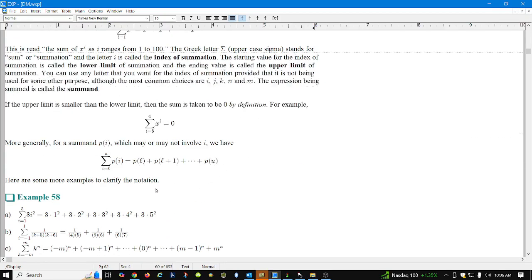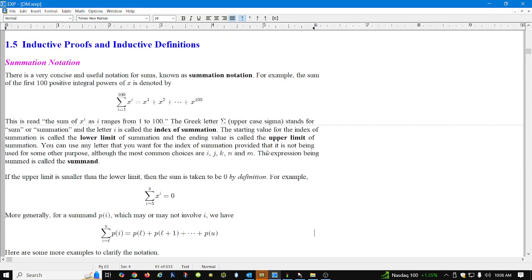But I do use a script l myself sometimes. The value that's being summed, in this case x to the i, is called the summand.